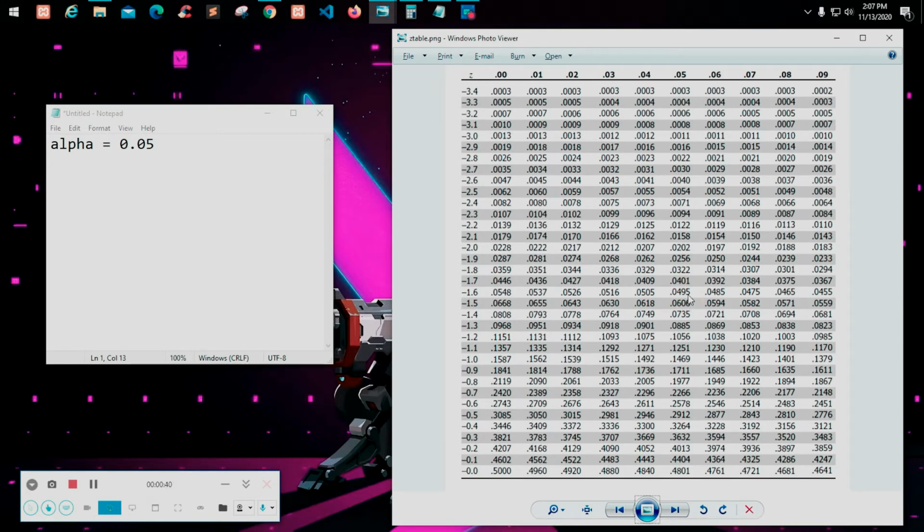So we usually look for the nearest one if hindi sila exact. So since our alpha is 0.05, there are two possible critical values. Kasi when you get the absolute difference from this one and this one, you will get both 0.0005. So which of this one ang gagamitin nyo?